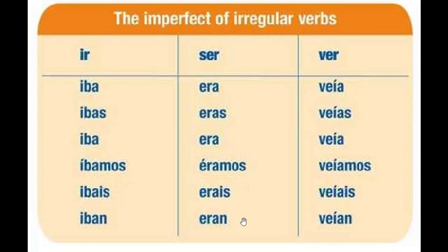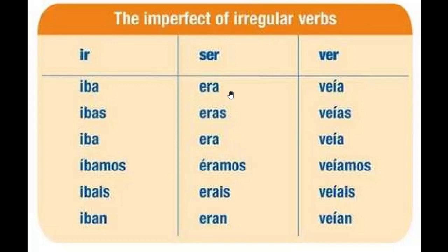For example, I can say, antes, which means like before or in the past. Antes yo era muy delgada. So before I used to be very slim or very thin. Antes yo era muy delgada.